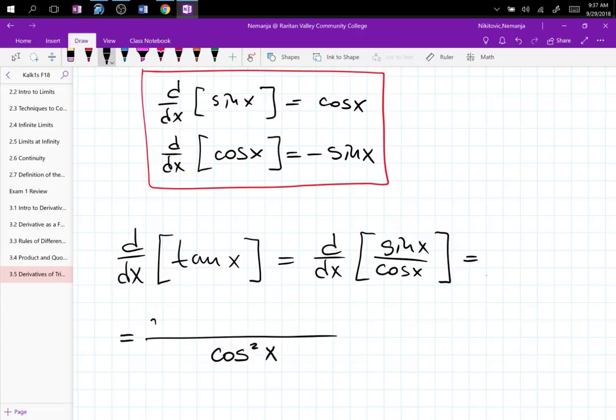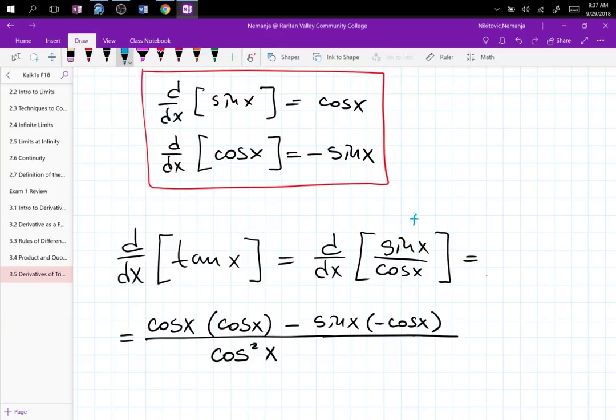And then we have the denominator as is. The derivative of sine is cosine x minus. Then we have sine x times negative cosine x as the derivative. So if you are looking at the formula and you use the f and g, then you have g f prime minus f g prime.